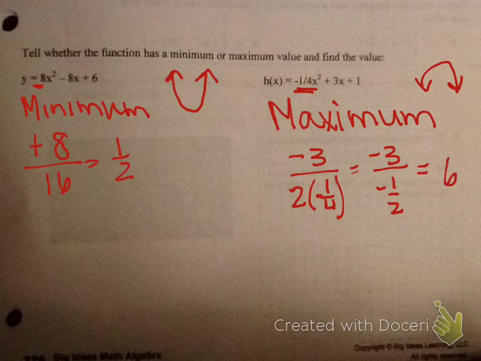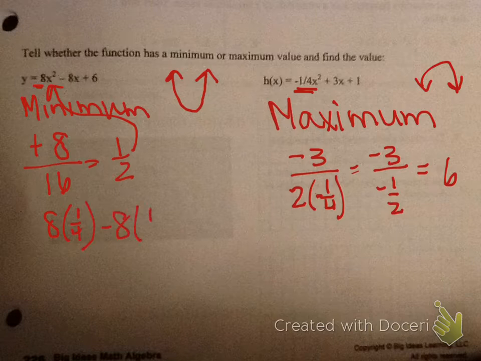And we fill the 1/2 back in, so 8 times 1/4 minus 8 times 1/2 plus 6 gives us 2 minus 4 plus 6. So we get 4.